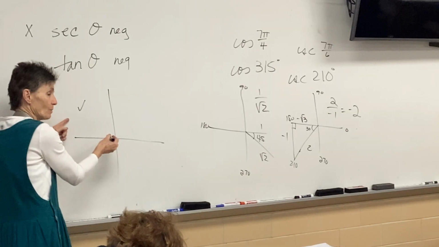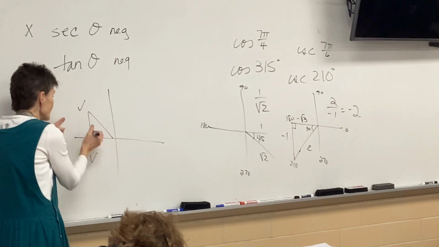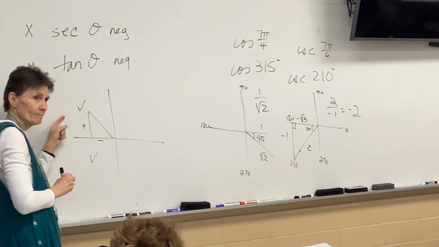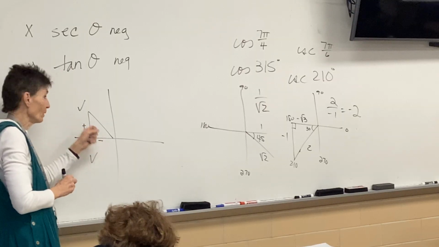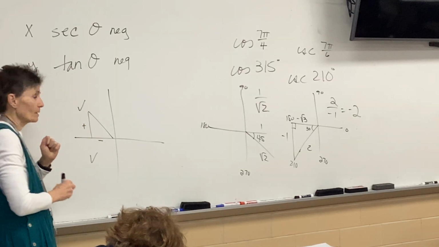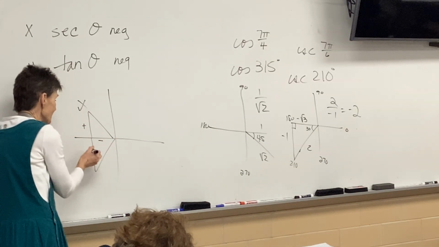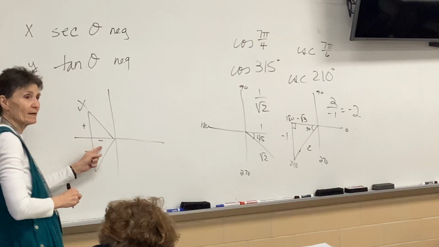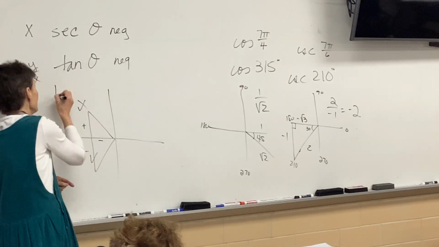In this quadrant, right here, X is negative, but Y is positive. If I do Y over X, will that be a negative number? Ooh, there's your winner. This is not a winner because down here, if you do Y over X, you actually get a positive. So the answer is quadrant 2.